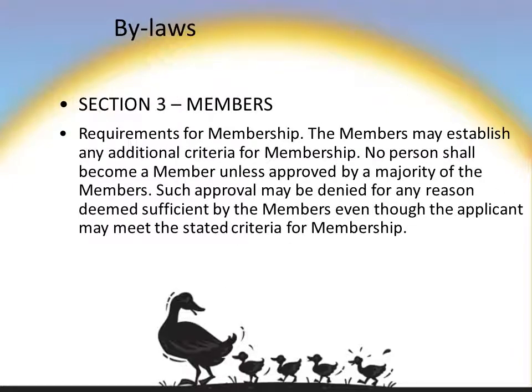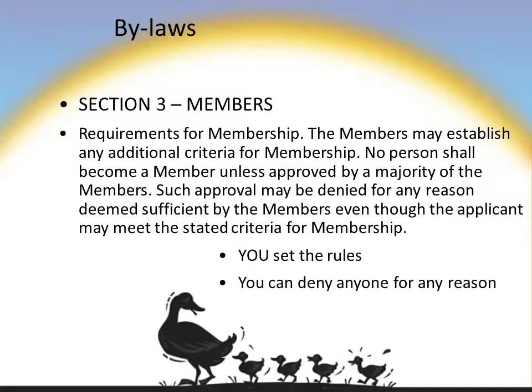B, requirements for membership. Read this carefully. This establishes that you, the only member, set the rules, and you can deny anyone for any reason. No one can force themselves into this membership.